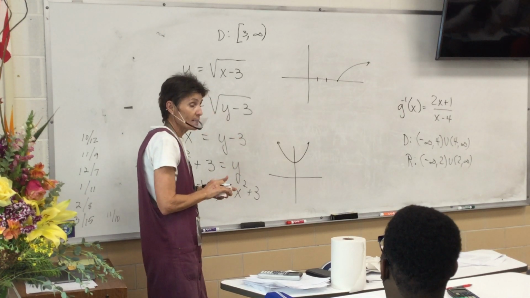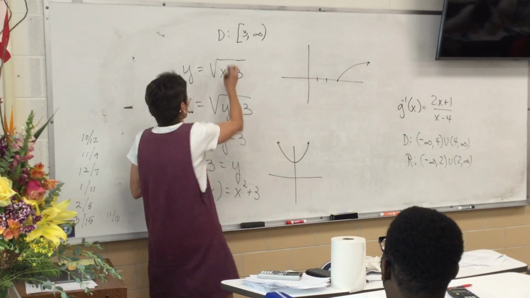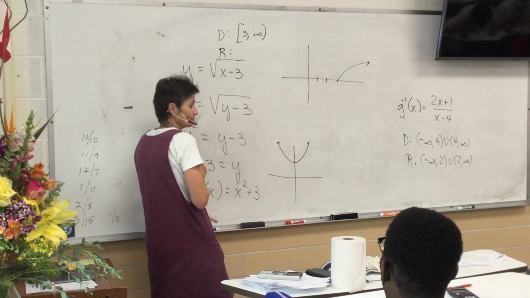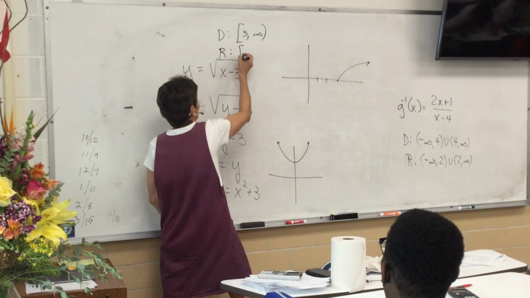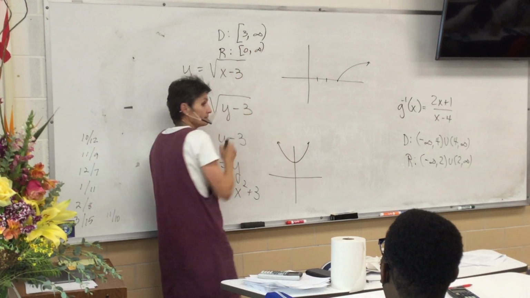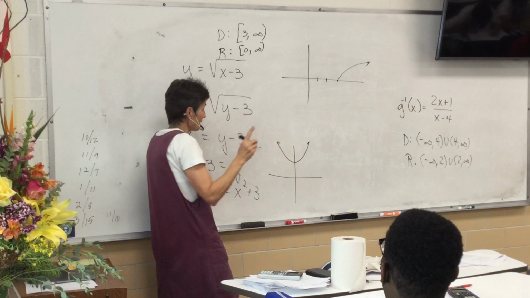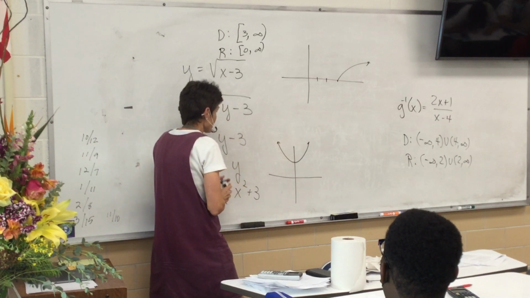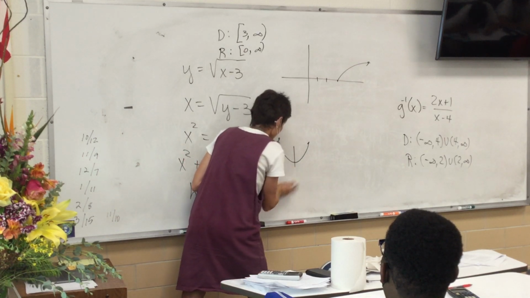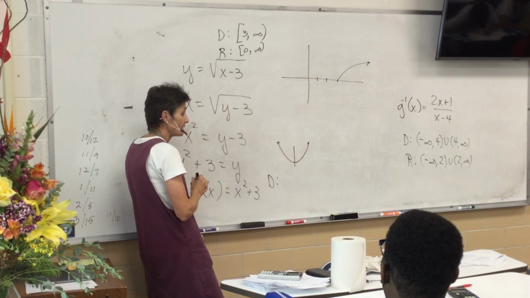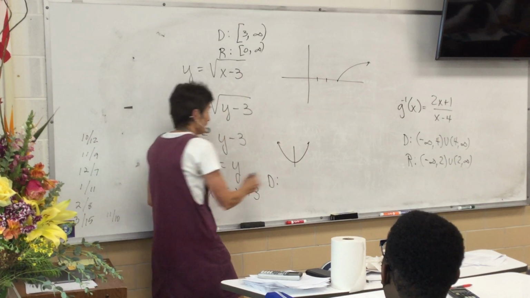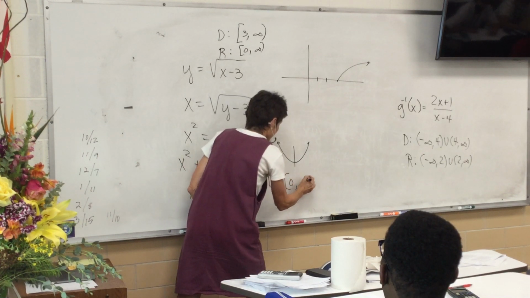What's the range of the original function? 0 to infinity. That means that your inverse, and you have to make a notation of this, guys, has a domain of what? 0 to infinity.